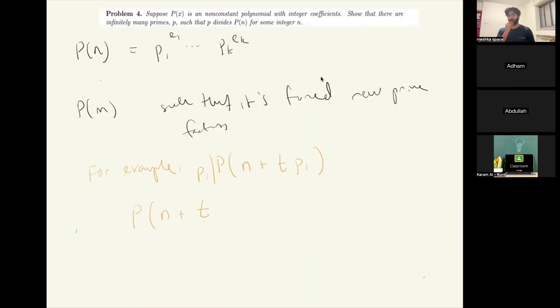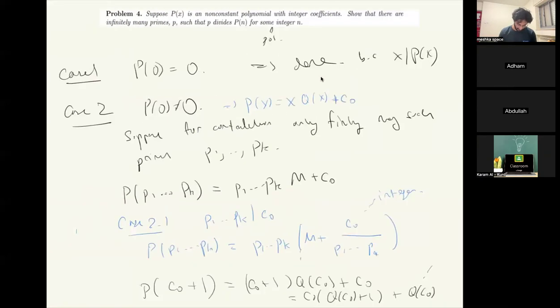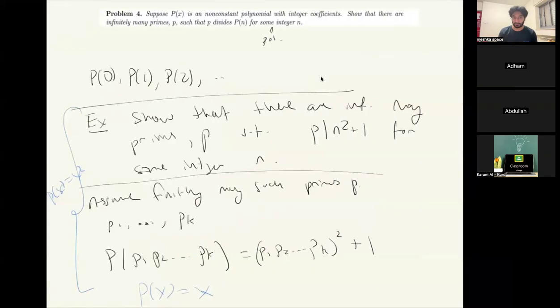For example, in the example we did before, p of x equals x squared plus 1, the polynomial is irreducible. So okay.